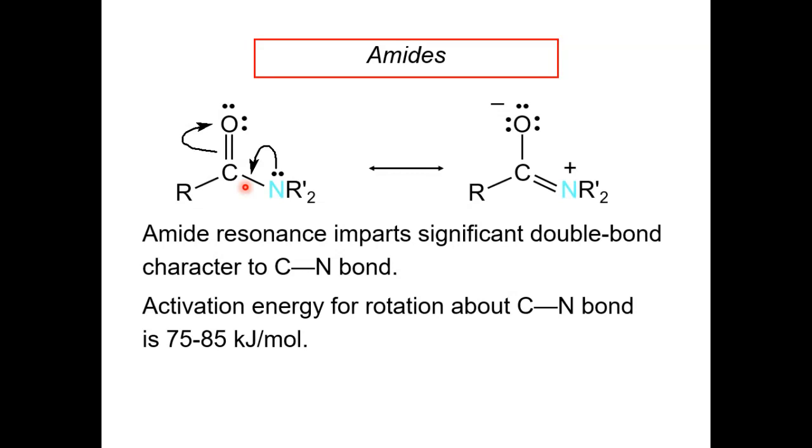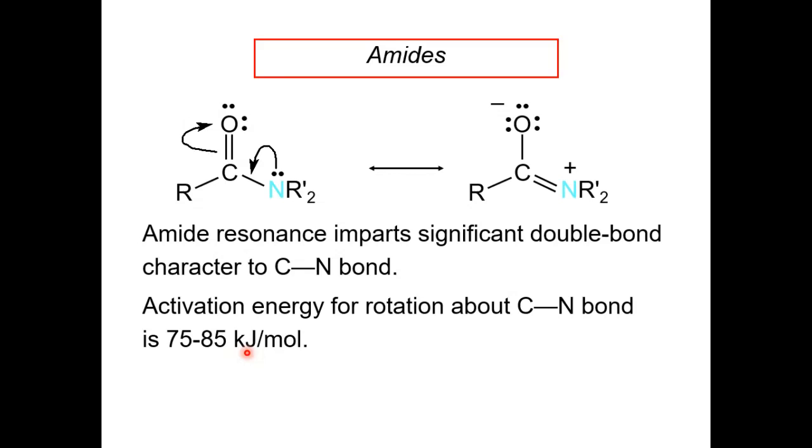This has significant double bond character, so the activation energy for rotation is really high, around 80 kilojoules per mole. Just to give you an idea, the rotation energy barrier in a typical carbon-carbon single bond is 12 kilojoules per mole, and this one is 80 kilojoules per mole. So this really has a substantial double bond character.